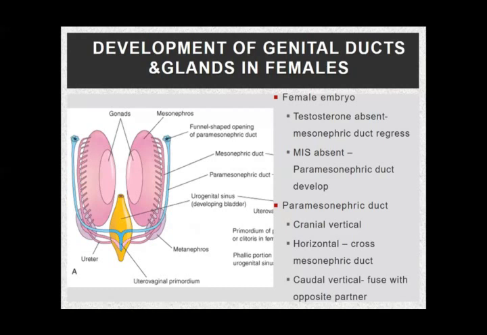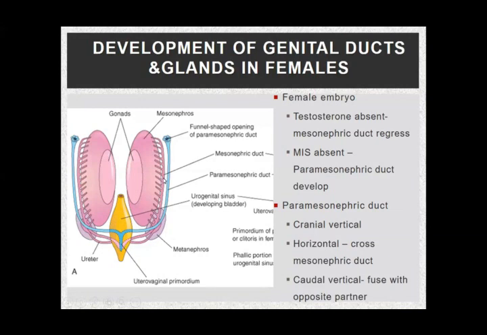Now, I told you that in both genders, the paramesonephric duct and the mesonephric duct both are present.